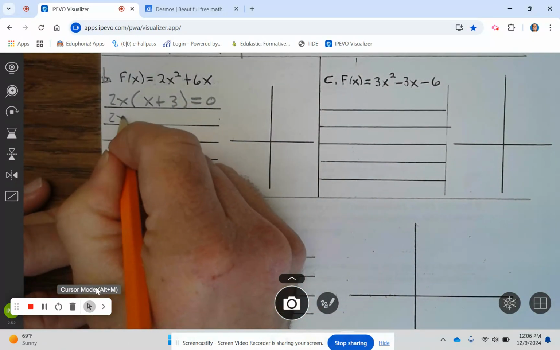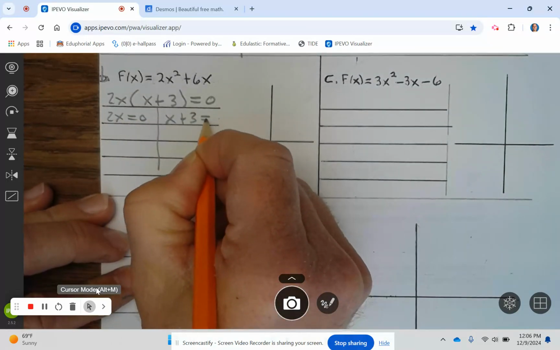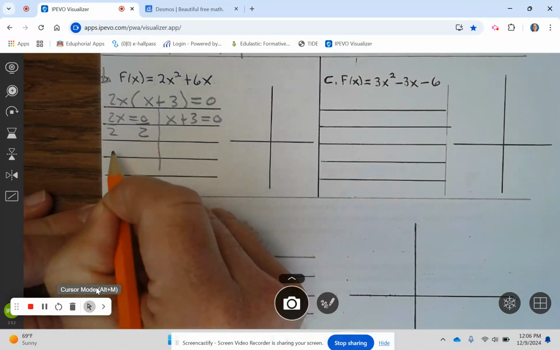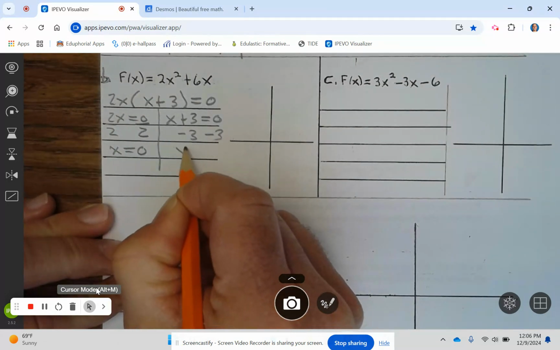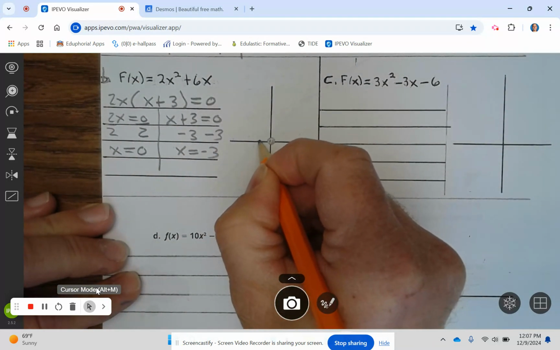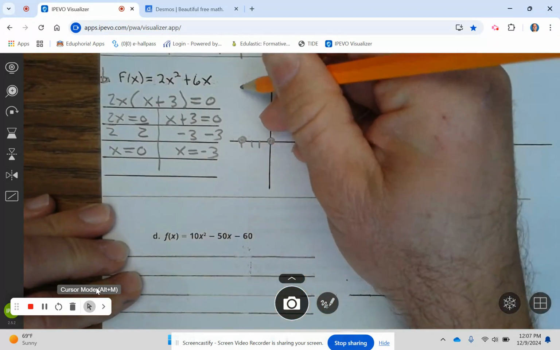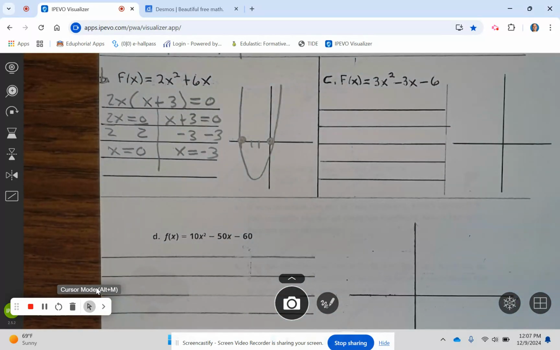So we set 2x equal to 0, and x plus 3 equal to 0. Divide both sides by 2, x equals 0. Subtract 3 from both sides, x equals negative 3. So we have 0, negative 1, 2, 3. And our quadratic function looks like so. All right, go ahead and finish up B.